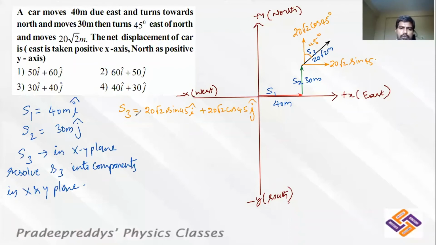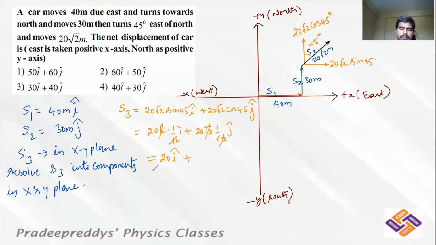This is equal to 20 root 2 into 1 by root 2 i cap plus 20 root 2 into 1 by root 2 j cap. Root 2 gets cancelled, root 2 gets cancelled. This is equal to 20 i cap plus 20 j cap.